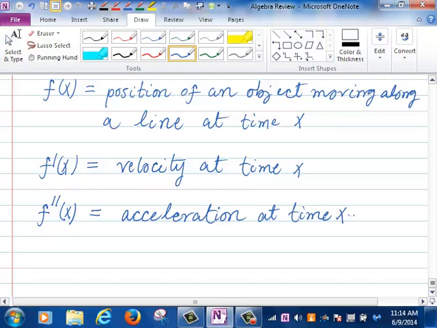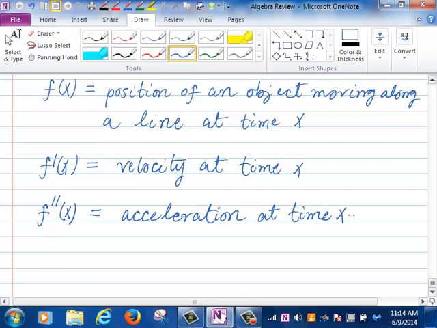The derivative of a function gives you the instantaneous rate of change of that function. So if I write f prime of x, it gives you the instantaneous rate of change of f with respect to x at x. So if f represents the position function of a moving object along a straight line, then the derivative tells you the velocity at x.